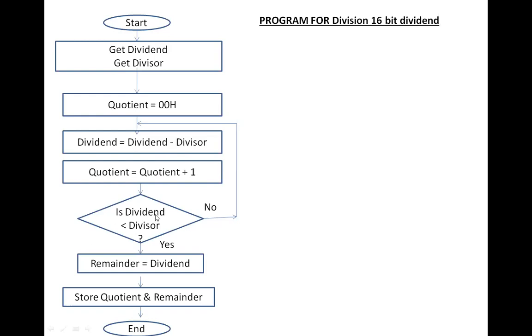When the dividend becomes less than the divisor, whatever dividend is left is known as the remainder. Then we store the quotient value as well as the remainder value. So this is the flowchart if the dividend value is 16-bit and the divisor value is 8-bit. Then the program.